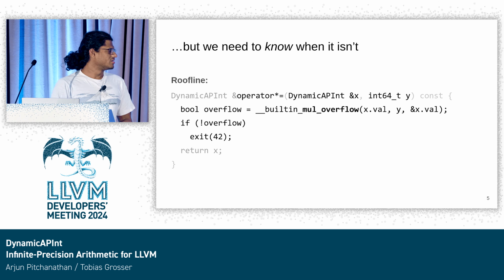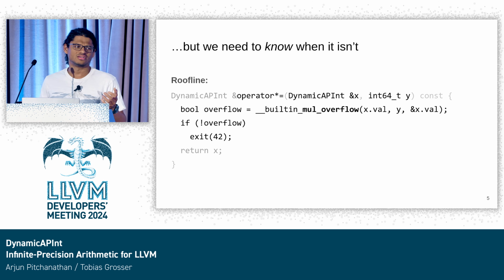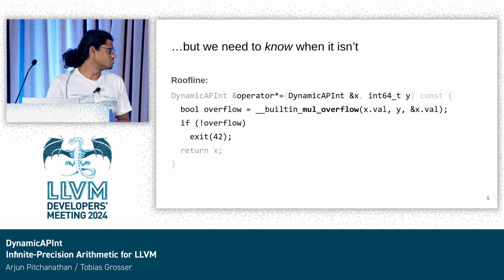So one really simple thing we could do, maybe a little stupid, is we just have a class DynamicAPInt, in this case with just a 64-bit integer, and you do a multiply with an overflow check, like with the built-in intrinsic. It'll tell you if there's an overflow. If there is, you just exit, and so the user at least knows that something went wrong instead of silently miscompiling.